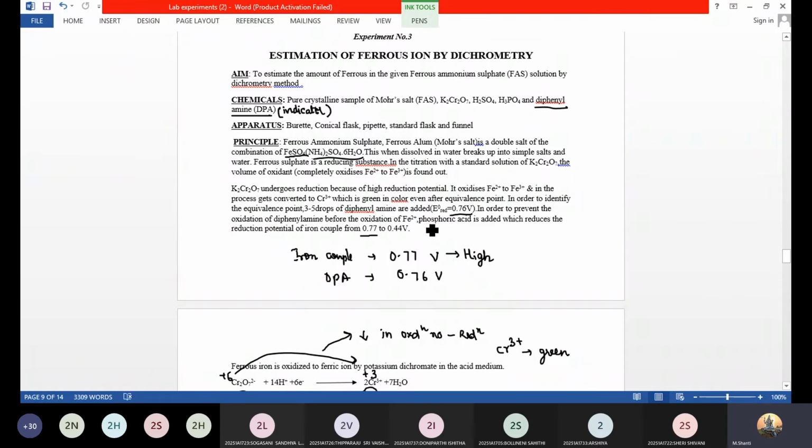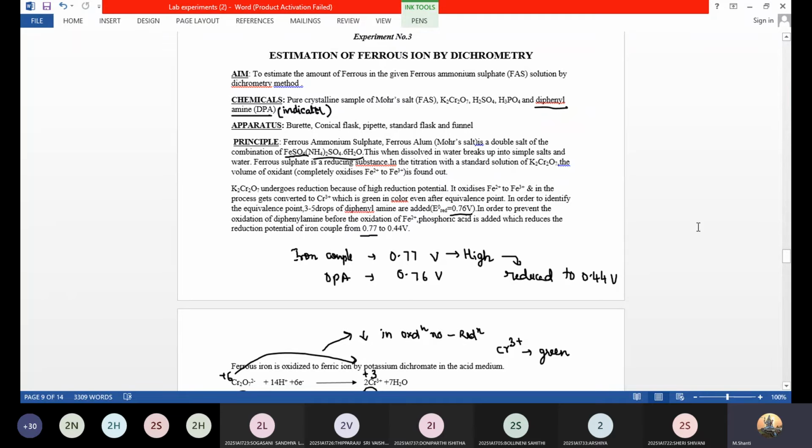So for that reason, you are adding phosphoric acid. What is the role of phosphoric acid? Phosphoric acid, when added to the solution, will form a complex with iron and try to reduce this 0.77 volts. This will be reduced to 0.44 volts.